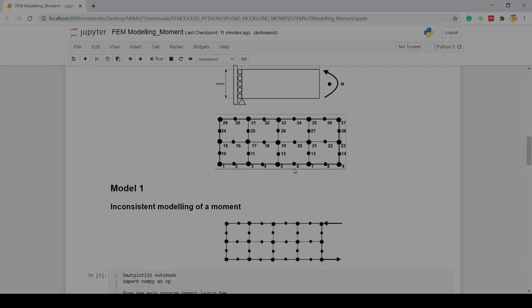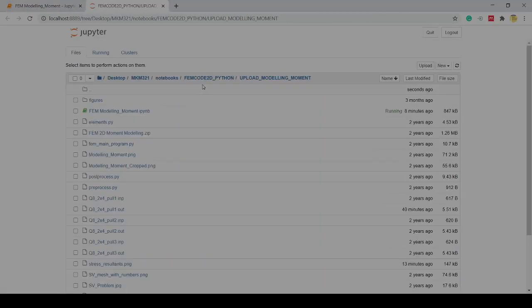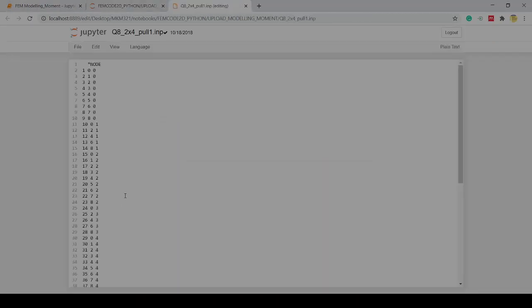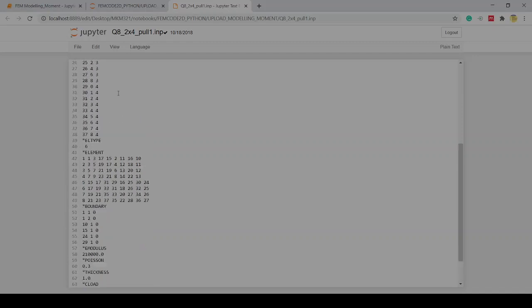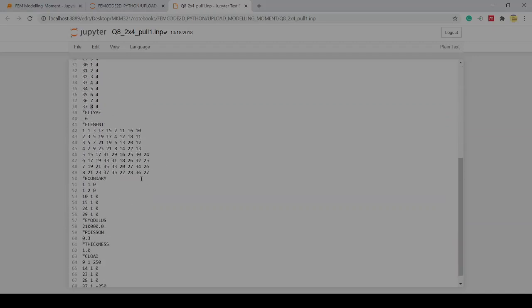You can confirm that for yourself: what is the load that we expect to see being applied there? So we can open up this file and make sure that that's indeed the case. Let me load this file quickly. There's the structure, a height of 4 millimeters, 8 millimeters long. Here are the element connectivity and boundary conditions.